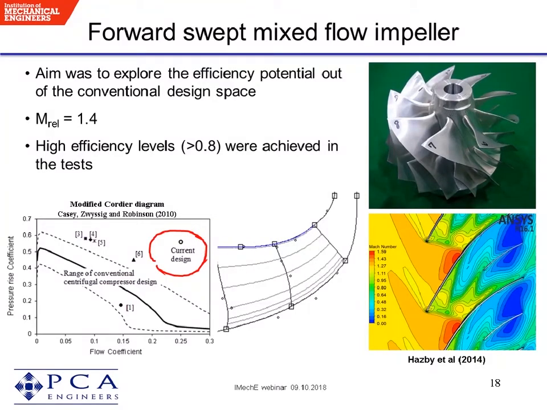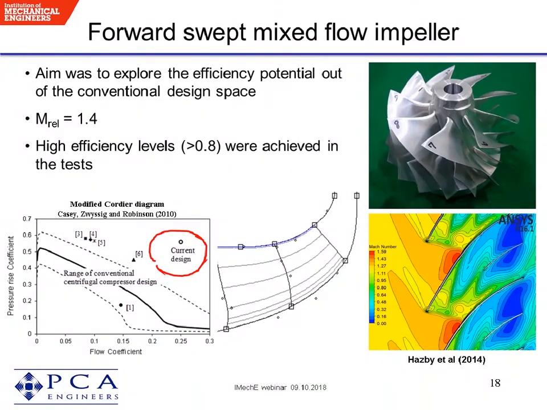An example of the application of leading edge sweep and freeform blading is shown here. In general, the pressurized capacity of a compressor reduces as its flow capacity is increased, and this is demonstrated in the diagram here in terms of the conventional design space for centrifugal compressors. In the current case, the design was deliberately pushed outside of the conventional design space to explore the efficiency potential in this area of the chart.